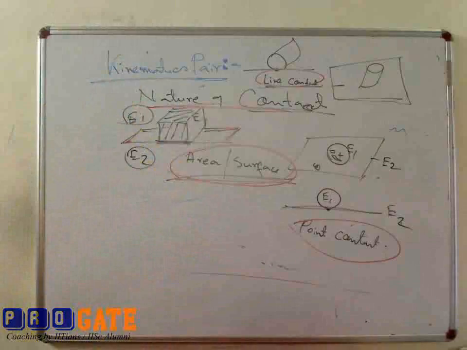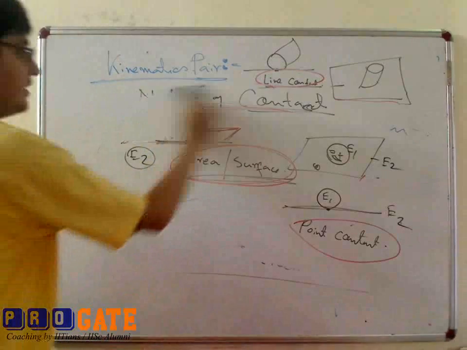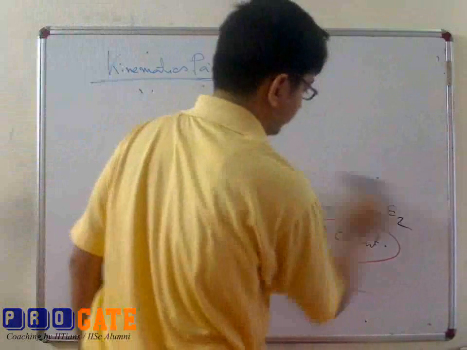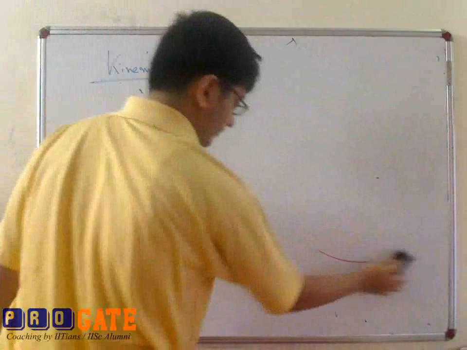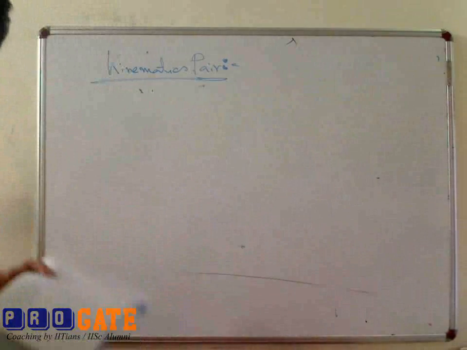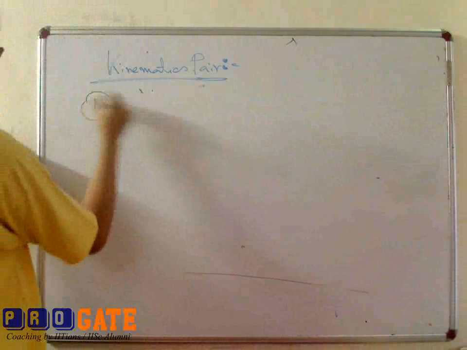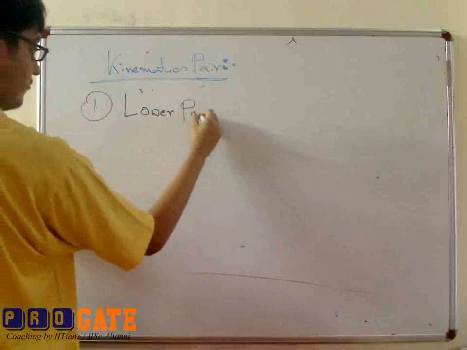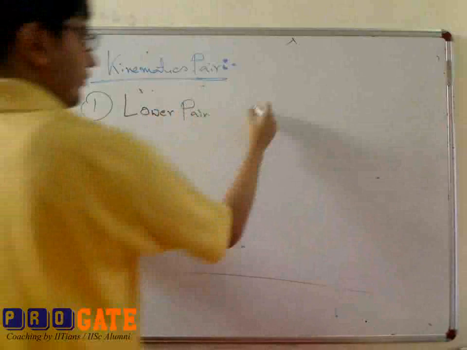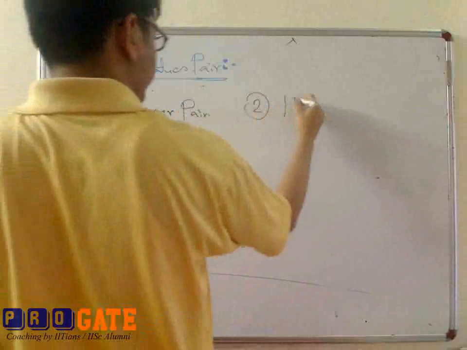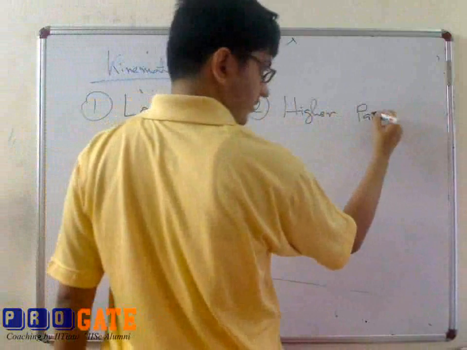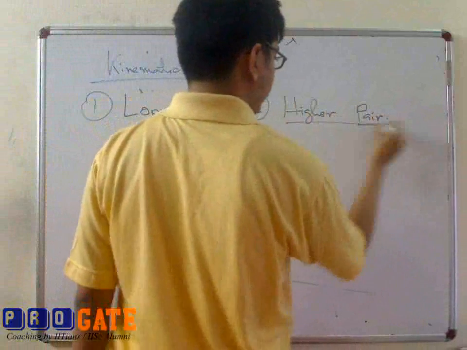Depending upon the nature of contact, these kinematic pairs are of two types. One is known as lower pair. The second one is known as higher pair.